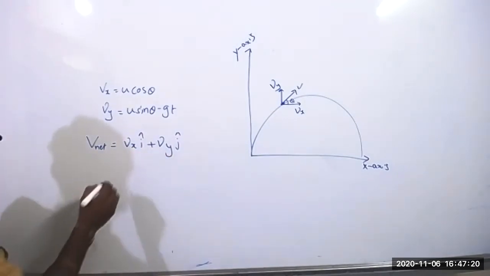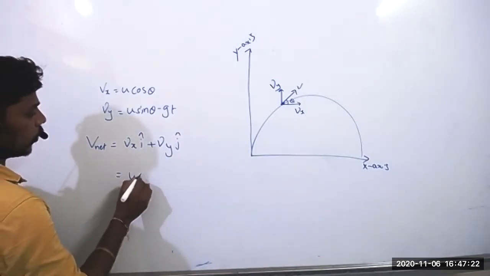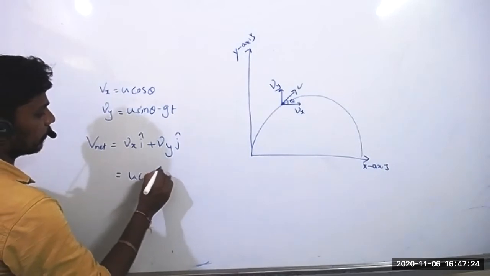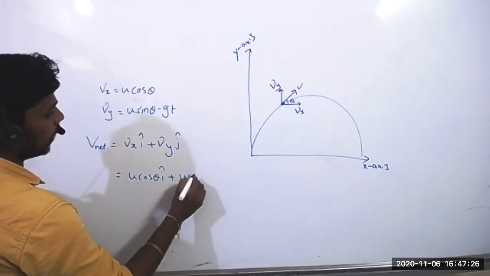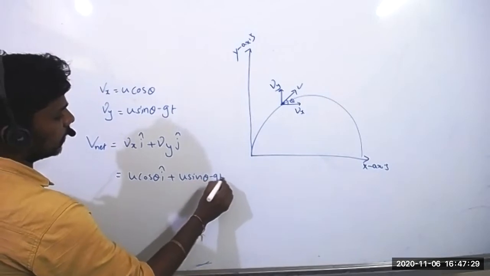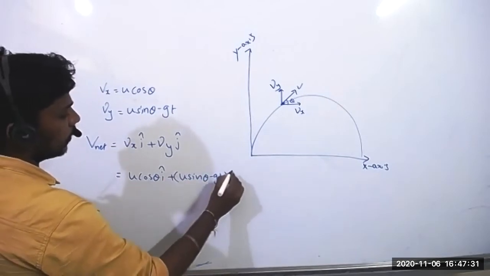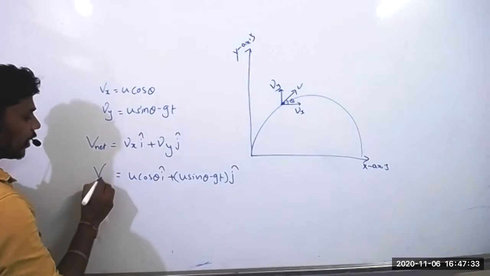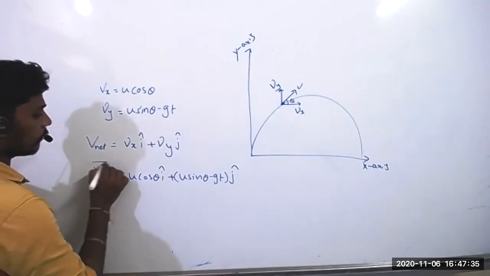So v equals u cos theta i cap plus (u sin theta minus gt) j cap. This is the net velocity in vector form.